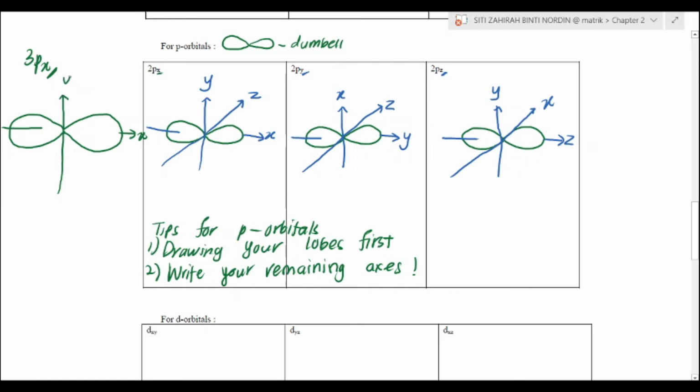I'm gonna go with y, and this axis would be z. Okay, you can just change this axis with z or y. Okay, just make sure when n is higher your size will become bigger.